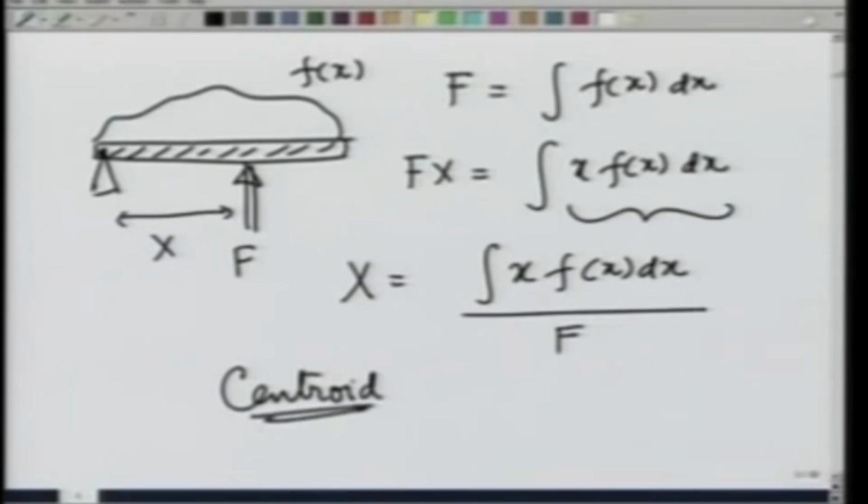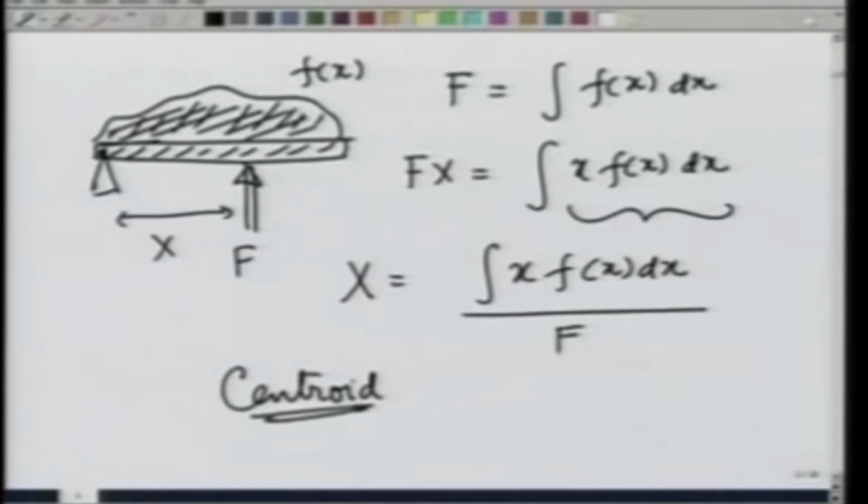Therefore, the net force is the area of this force distribution curve, and the point at which effectively this force acts is the centroid of this area formed by the beam and this force distribution curve. That is how we use the concept of the first moment or the centroid. I must point out that when the total force capital F is applied at the centroid, no other force is needed to support the beam.